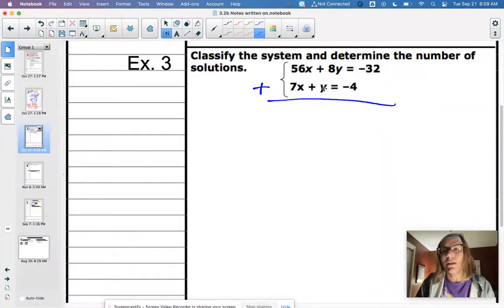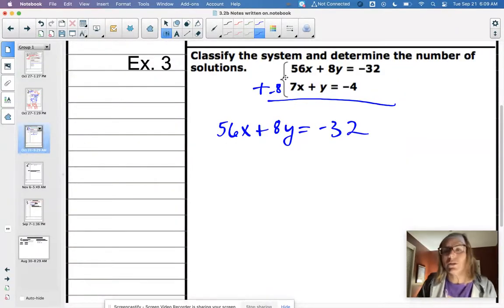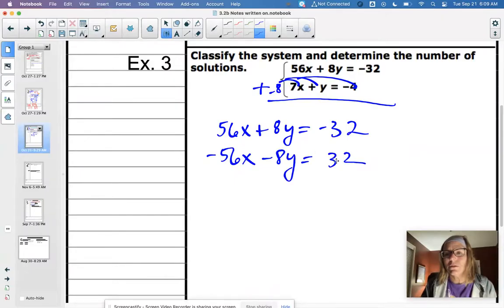Let's eliminate the y's, because if I multiply this bottom equation by negative 1, then the y's will cancel very nicely. So I'm going to rewrite the top, 56x plus 8y equals negative 32, because I don't have to change that equation. And if I multiply that, I get negative 56x minus 8y equals 32.